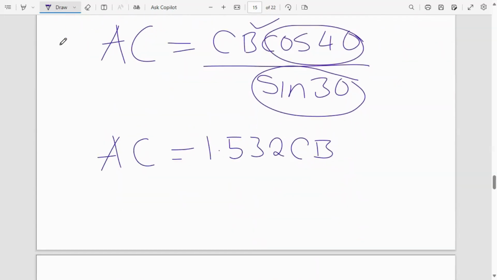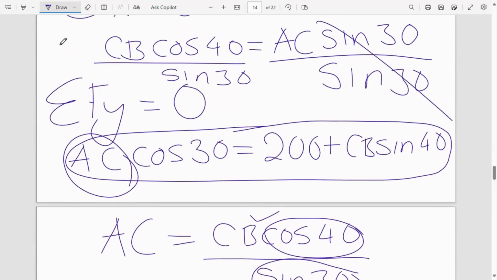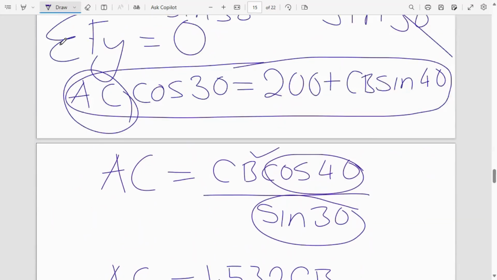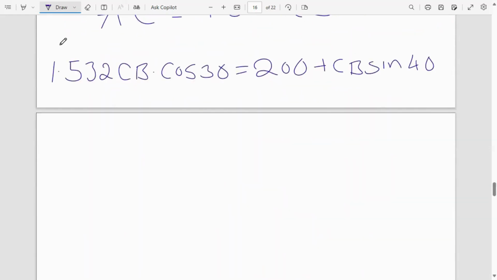So I'll say 1.532 CB cos 30 will be equal to 200 plus CB sin 40.